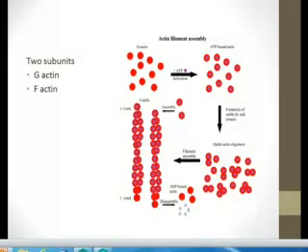Whenever the energy molecule is used in making this filament, at the lower side, this energy molecule ATP is hydrolyzed into ADP. Now, where is this enzymatic activity coming from? This is the enzymatic activity within the actin molecule or actin subunit.